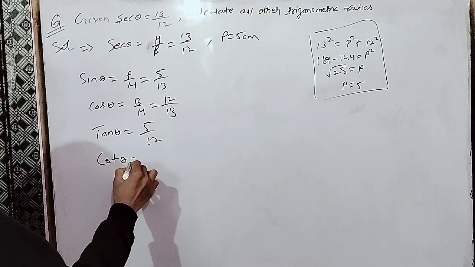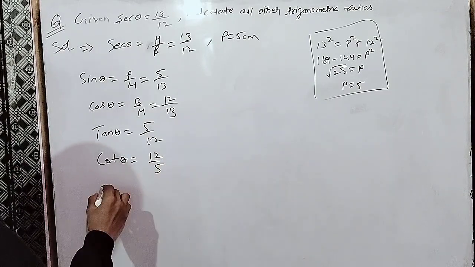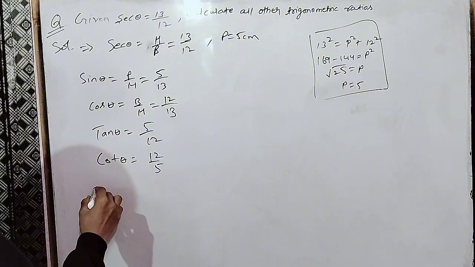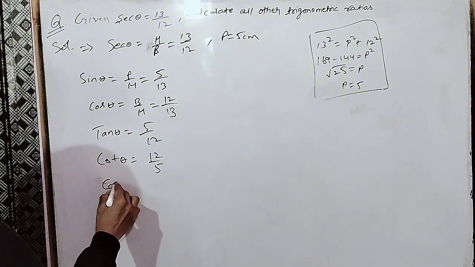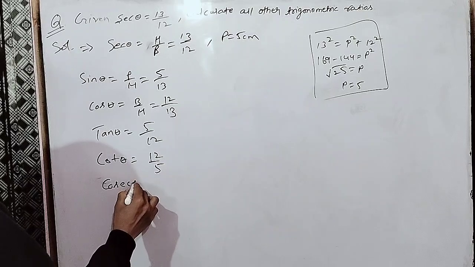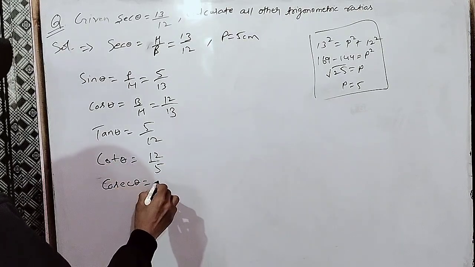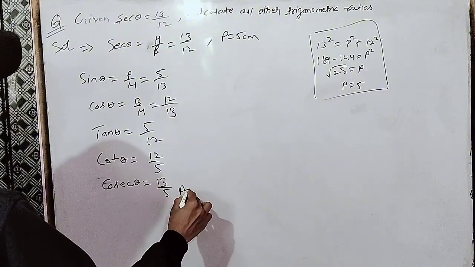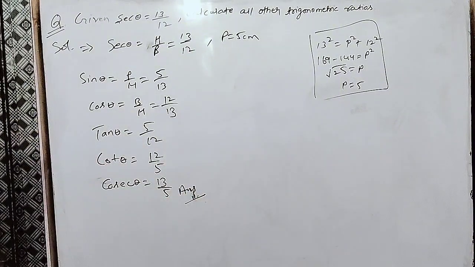Then cot, which is the reciprocal of tan theta, 12 by 5. Clear? Now we have left cosec theta, which is the reciprocal of sin theta. So that's it. Just have a look.